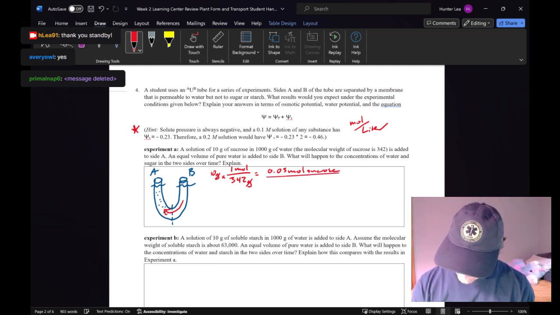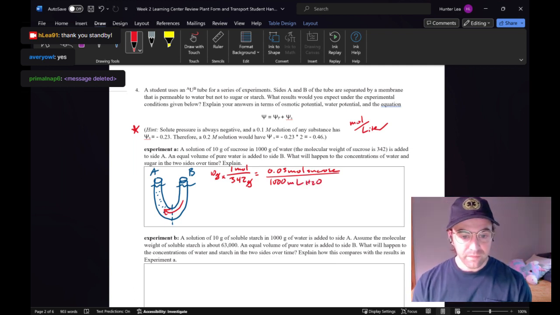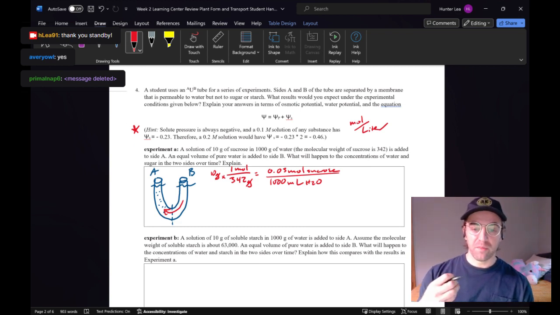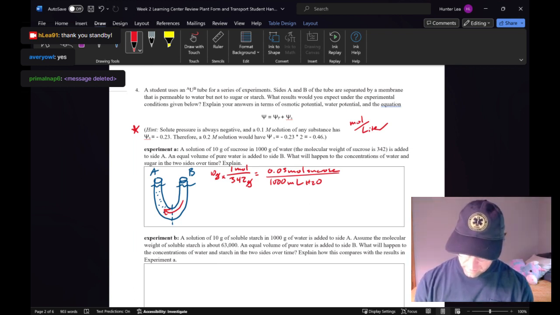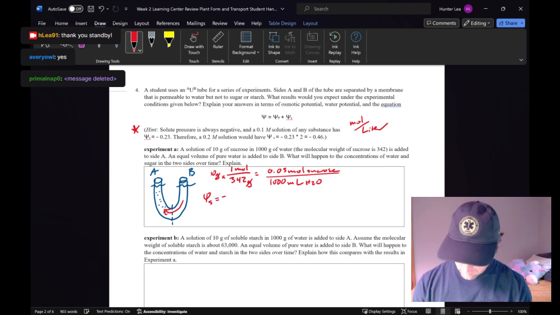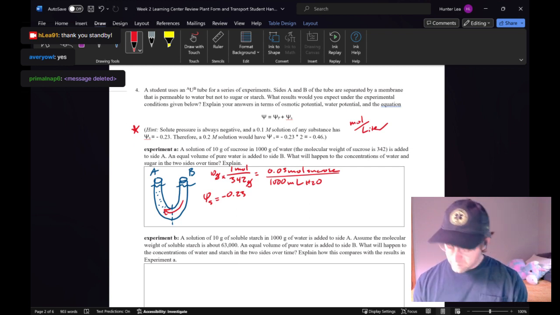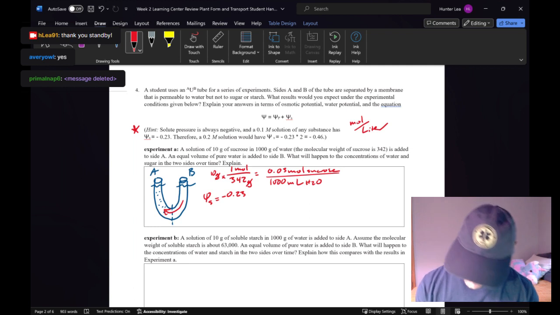And we have 1,000 milliliters of water. We also know from earlier that for every 0.1 moles of solution, we have a solute potential of negative 0.23.